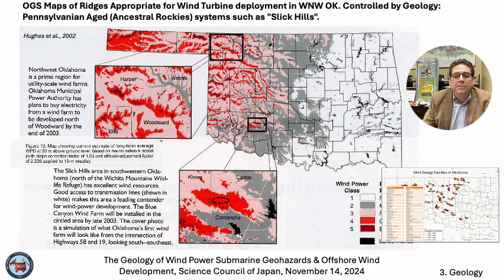For example, in the Slick Hills, these red dots here, there were many studies that the Oklahoma Geologic Survey did to think about wind development. And this study was actually done quite a long time ago, in 2002. Here's a picture of an area in north central Oklahoma, again looking at these ridge lines and how they're distributed.